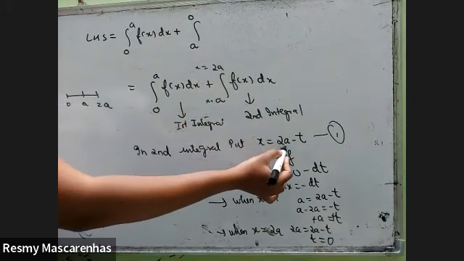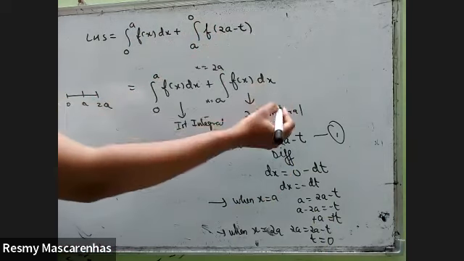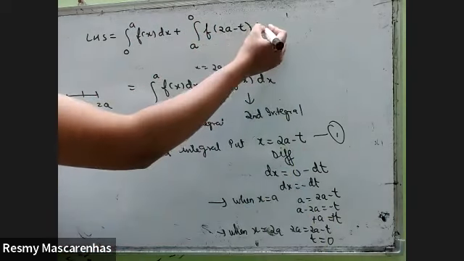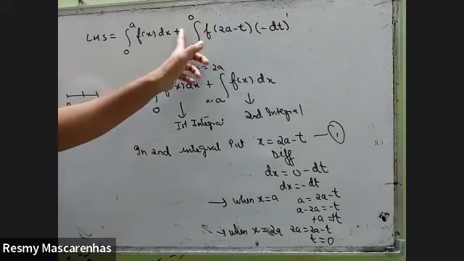What was the x value? f of 2a minus t. And dx was how much? Minus dt. Now minus, I'll bring it out.